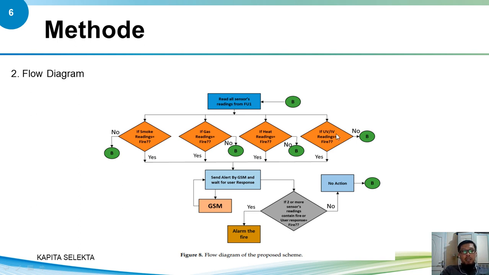If a sensor detects one of the indicators, the decision is yes, and the microcontroller will process it and send an alert by GSM.